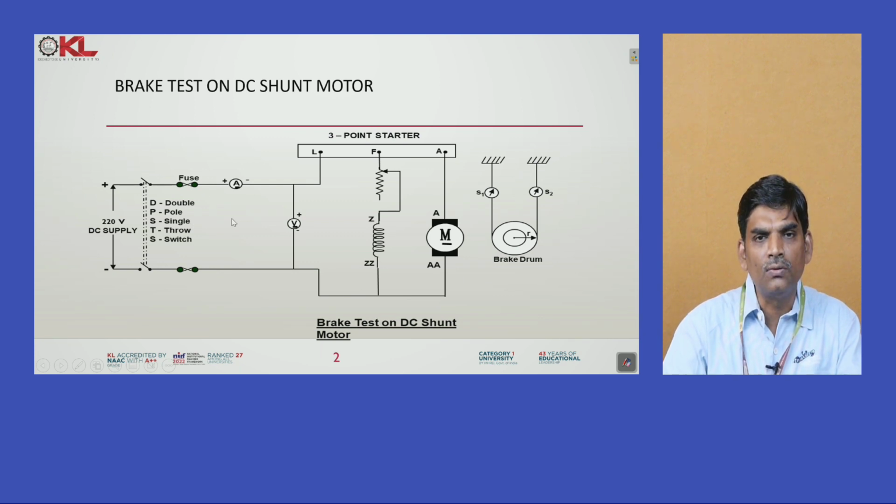The question is how to calculate input and output. The motor input is electrical power and the output is mechanical power. So how do we calculate the electrical power? We provided one voltmeter and one ammeter. The ammeter measures the line current and the voltmeter measures how much voltage is applied.